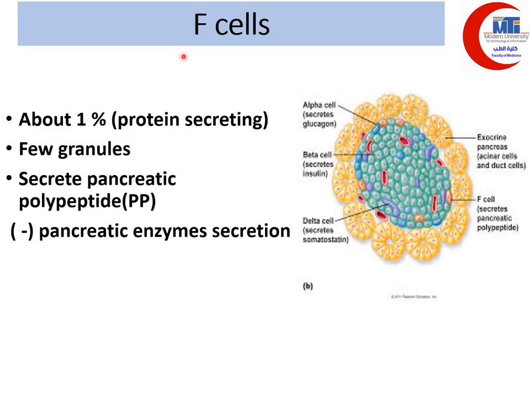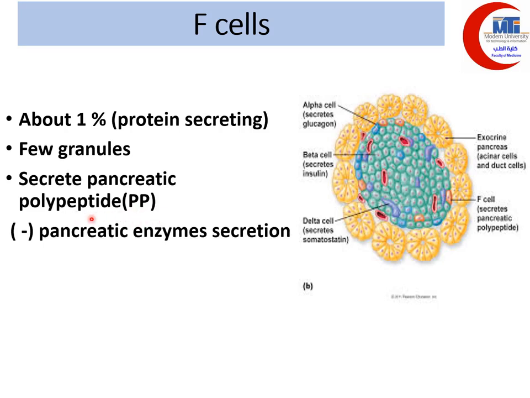F cells are a few cells present in islets of Langerhans. They are few in number, about 1%. They are also protein secreting cells. Their granules are few in number. These cells secrete pancreatic polypeptide, which is called PP.